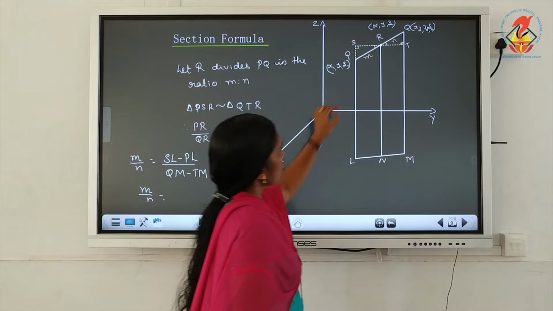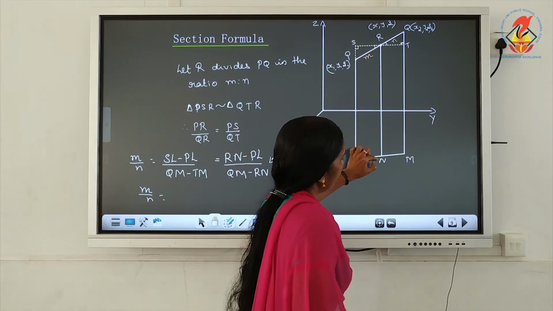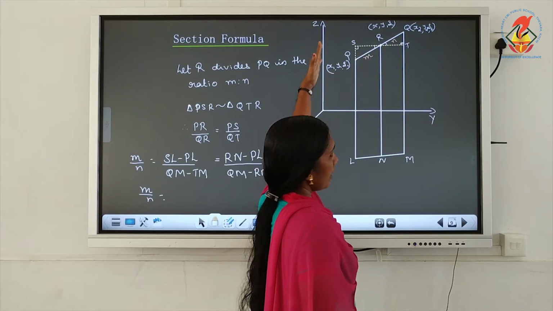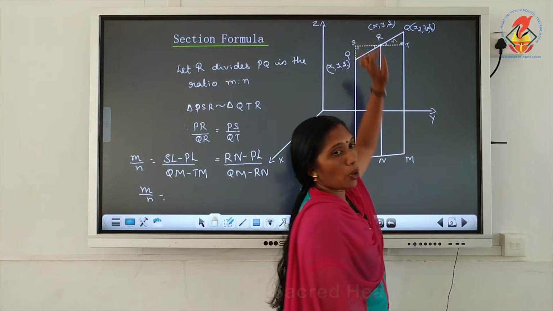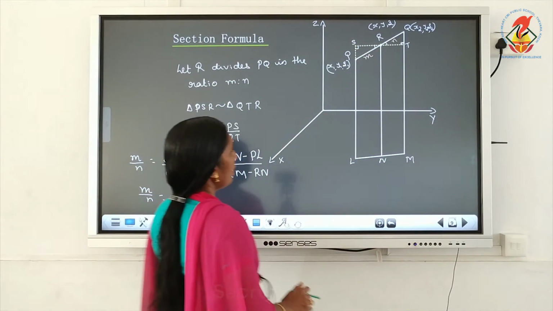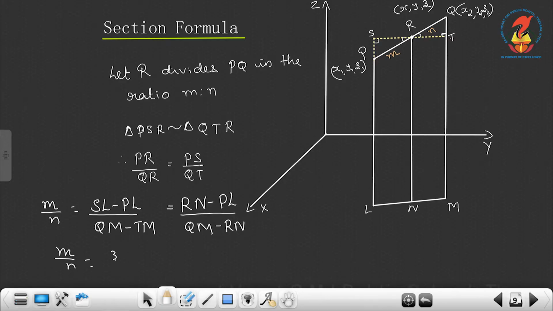Then what is RN, children? RN is parallel to the Z axis, so it is same as the z coordinate of this point R. So the z coordinate of R is just z. Now what is PL? PL is equal to the z coordinate of P, that is z1. Now QM, what is QM?